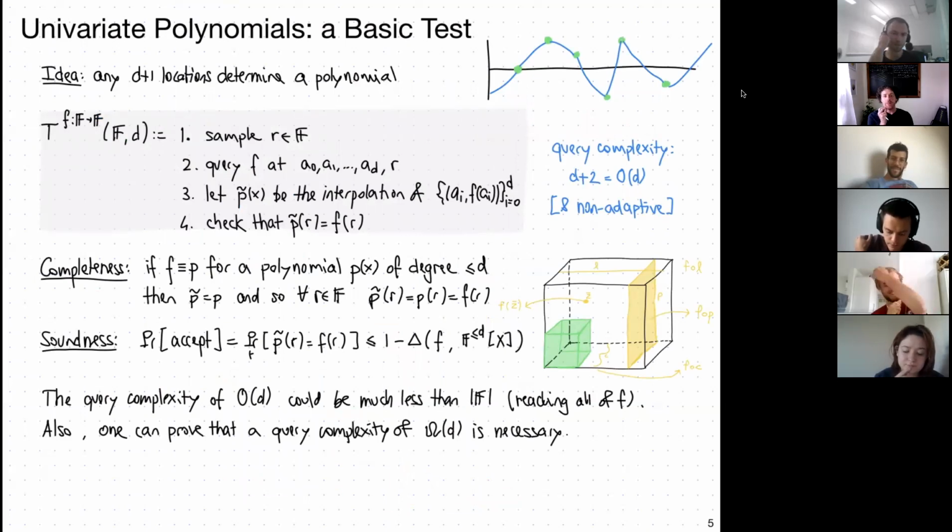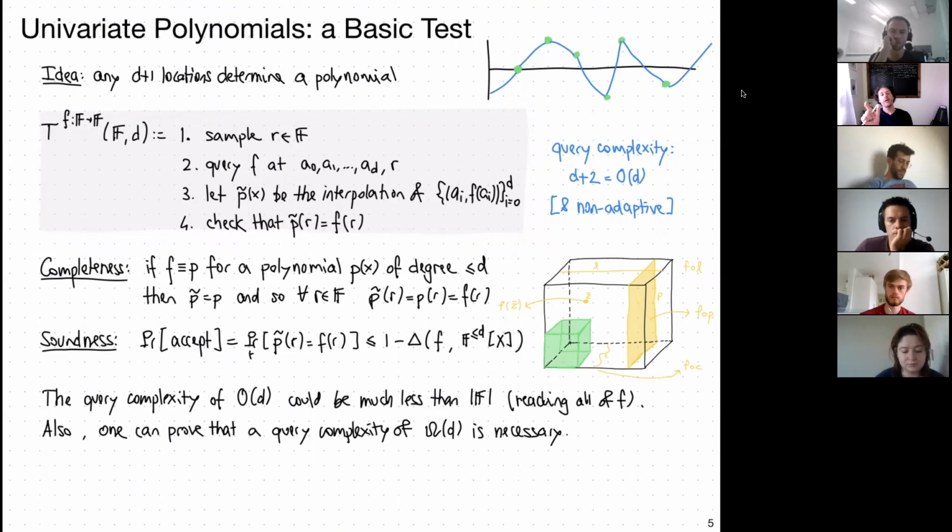Okay, so does the basic test make sense? What do you mean by non-adaptive? What I mean by non-adaptive is simply that the queries that I'm making to F, the points that I look at, do not depend on one another.